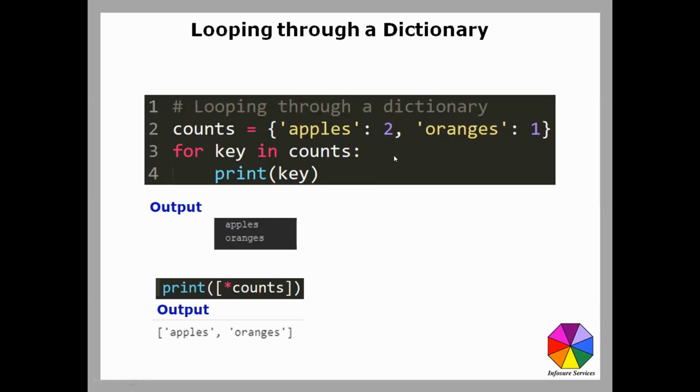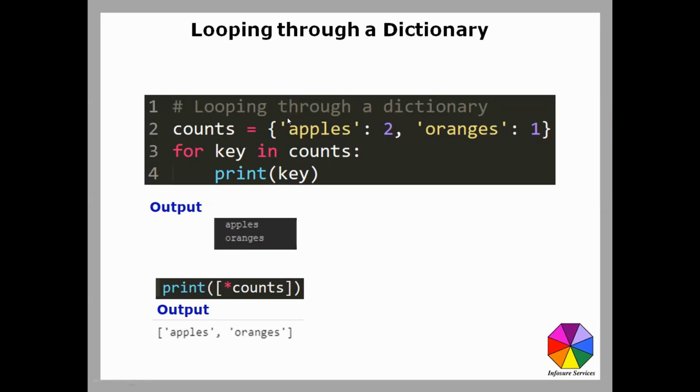You can also do print within square brackets, star dictionary. Star the dictionary name will print the list of the keys. So it is going to print apples, comma, oranges like that.